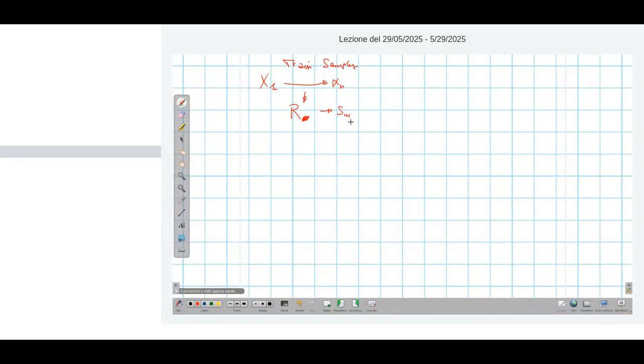So for example, we take x1 through xn, and we build R as a Gaussian model. So we have the two Gaussians that describe the two classes.